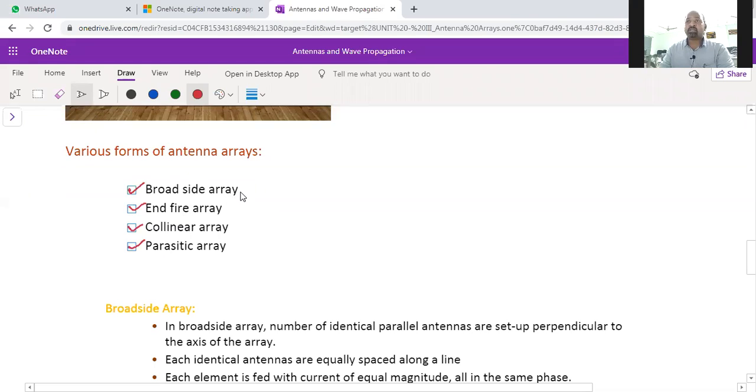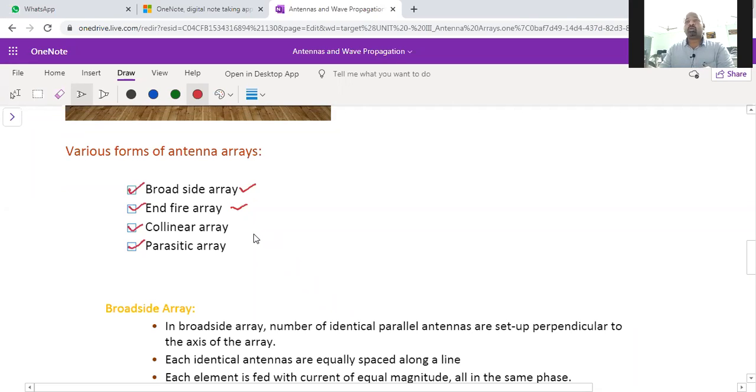Throughout the chapter, for linear arrays, I will discuss broadside array and end-fire array: how to draw the broadside radiation pattern and how to draw the end-fire radiation pattern. Initially I will give the definitions: what is broadside array, end-fire array, collinear array, and parasitic array.